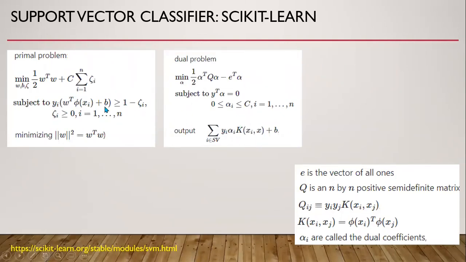It is noteworthy that this k within brackets xi and x is the kernel function. So if the original data is not separable, then we can use the kernel function to get a better separating plane or hyperplane between the two groups or more groups.